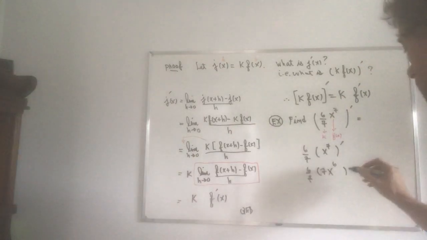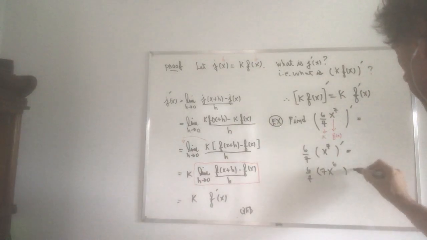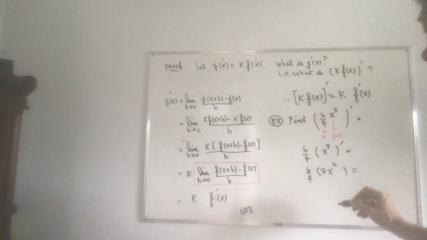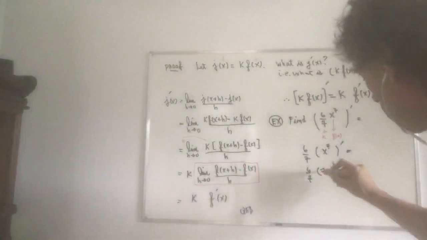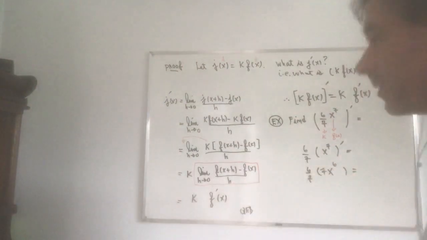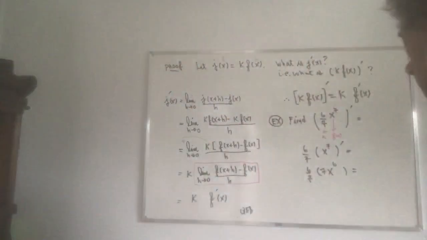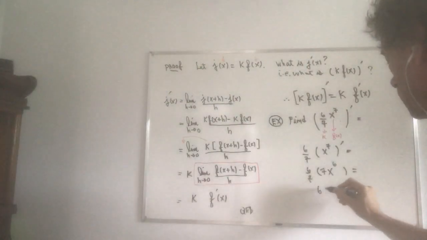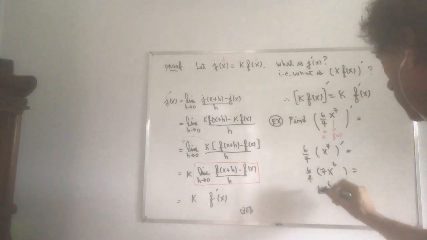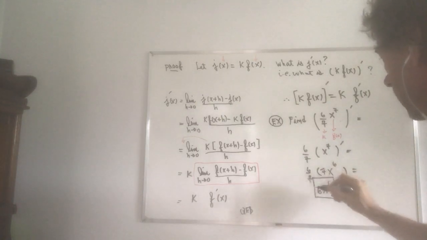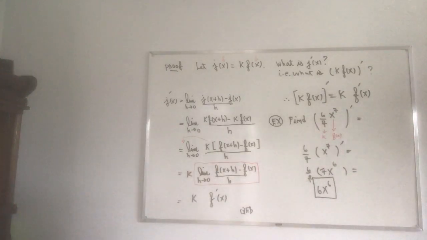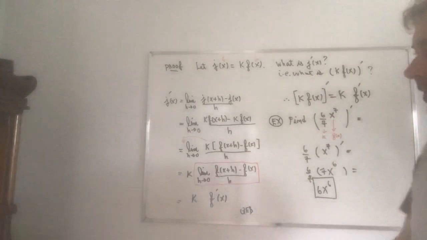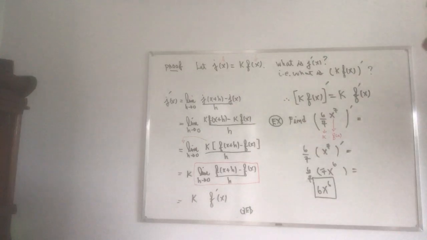Final answer for this, so equal, what do we get? I see a little simplification here: the 7s cancel, and I am left with 6 x to the 6. That is the derivative of 6 over 7 x to the 7, and that demonstrates the point.